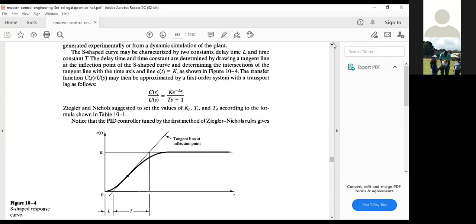So this was where we were last week, and we said when we had a first order controller, we had to determine the system gain. The K was the system gain, and the T was the time constant.